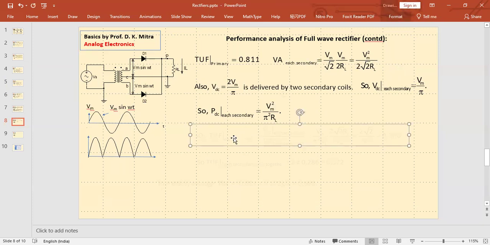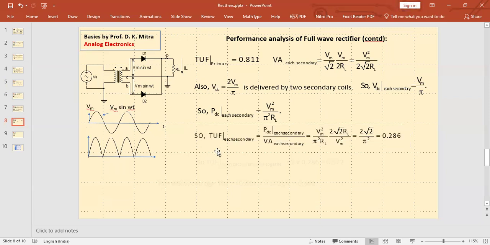Then we can find out the transformer utilization factor of each secondary: power DC of each secondary by VA rating of each secondary. That means Vm square by pi square RL divided by this value, VA rating of each secondary. If you do this, you get 0.286.